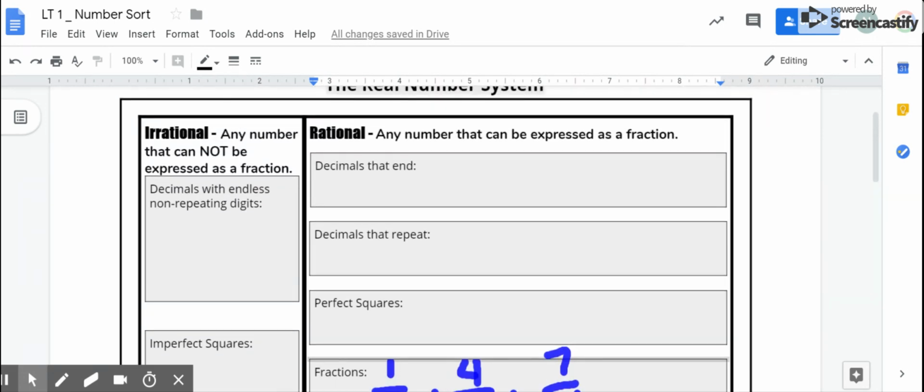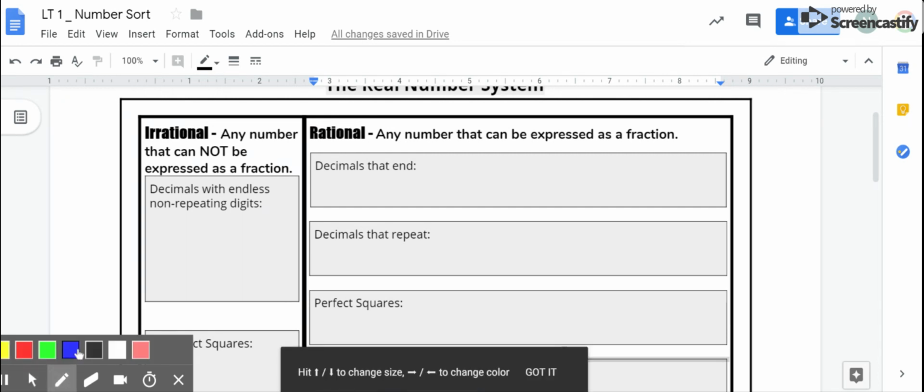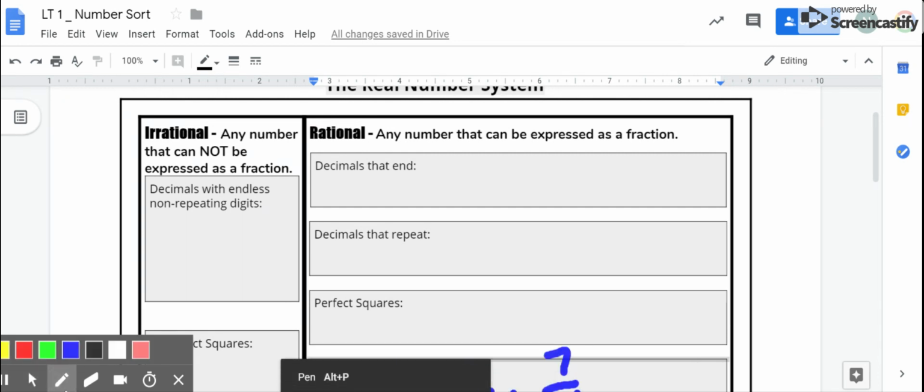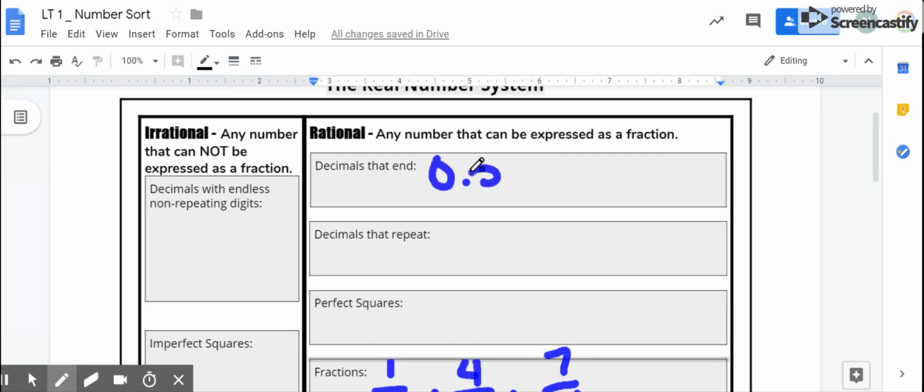Now I'm going to move up and look at decimals that end and decimals that repeat because those are a little easier than those perfect squares. So a decimal that would end would be like 0.5, which we know is 5/10 or 1/2, right? That decimal can be written as a fraction. We could also have 3.25. That would be 3 and 25 hundredths.